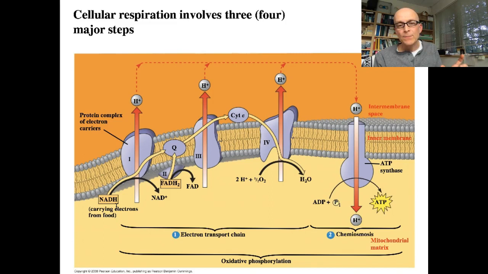And together, the hydrogen reduces the NAD plus to NADH, right? So we have reduced NADH electron carriers. Those are the ones that come into the mitochondrial matrix. And since they are in the reduced state, they can now give off their electrons in a redox reaction, right?